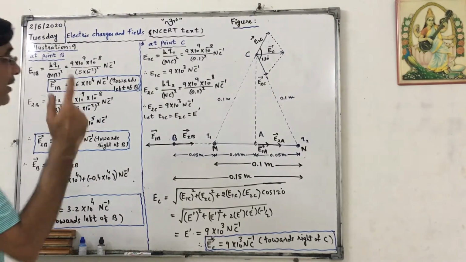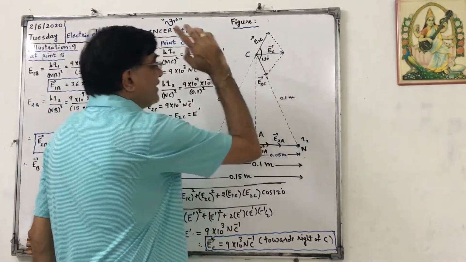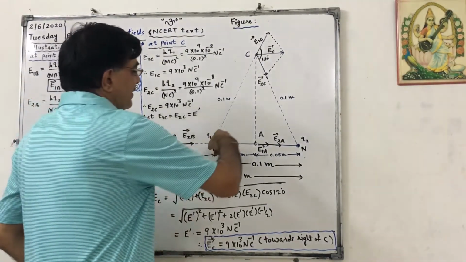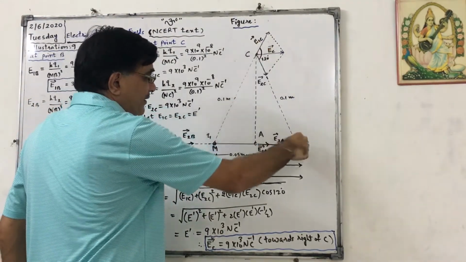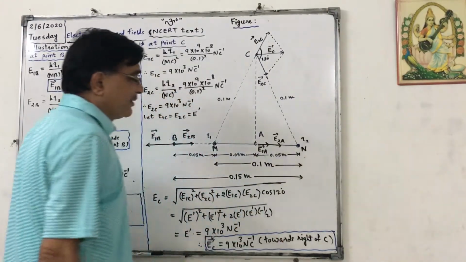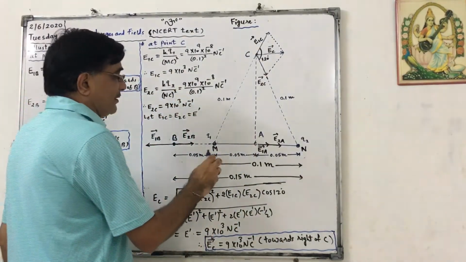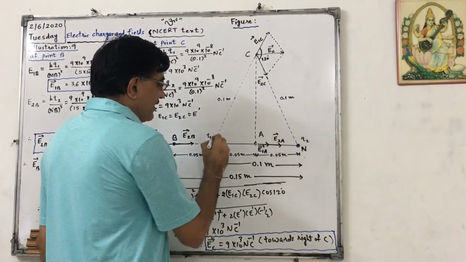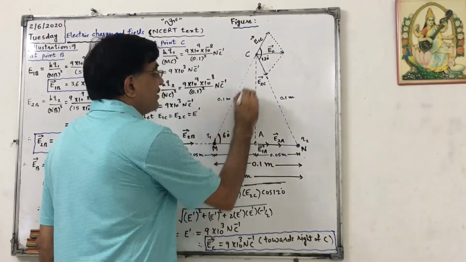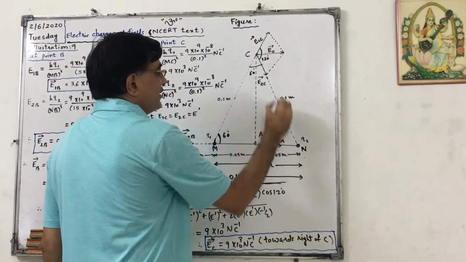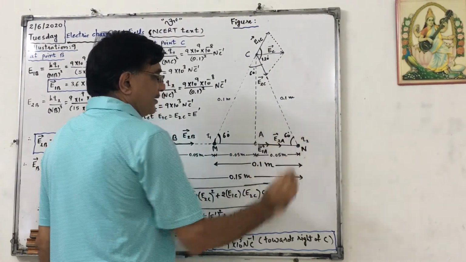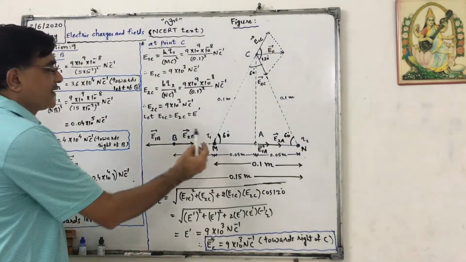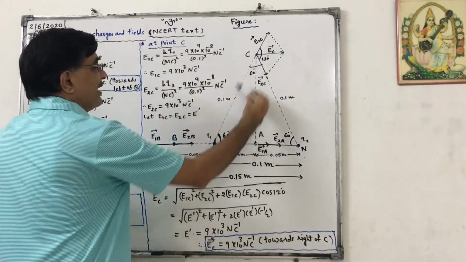Now at point C. See, this distance is 0.1 meter. This distance is 0.1 meter. This distance is also 0.1 meter. So actually this triangle MCN is an equilateral triangle. So we can write 60 degrees, 60 degrees, 60 degrees. Now E1C, that is KQ1 upon MC square.